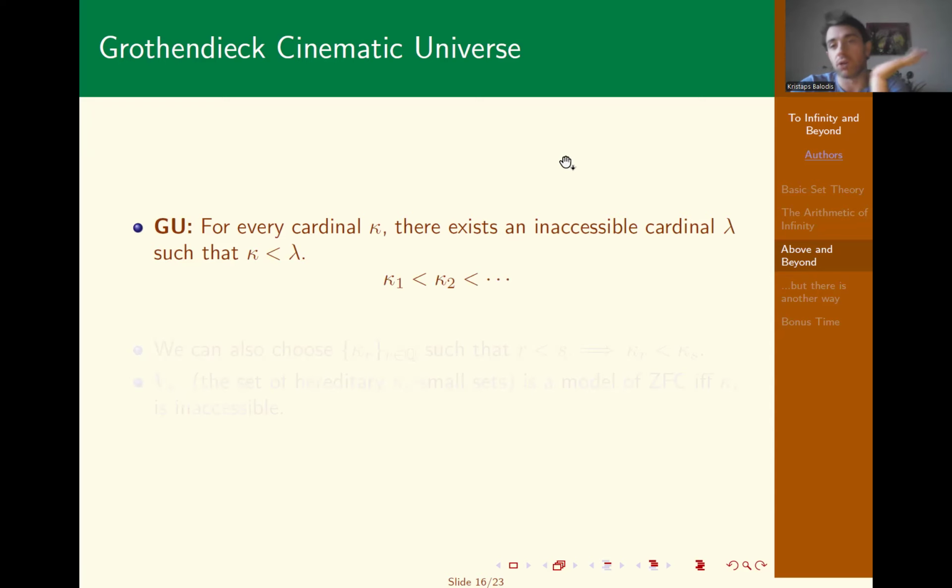I cracked open a book on infinity categories recently. I don't understand a ton about them yet, but more than I used to. And it makes a bit more of a modest assumption. It says there's just this countable chain of inaccessible cardinals, each larger than the last, so you can take these stratified universes of sets.